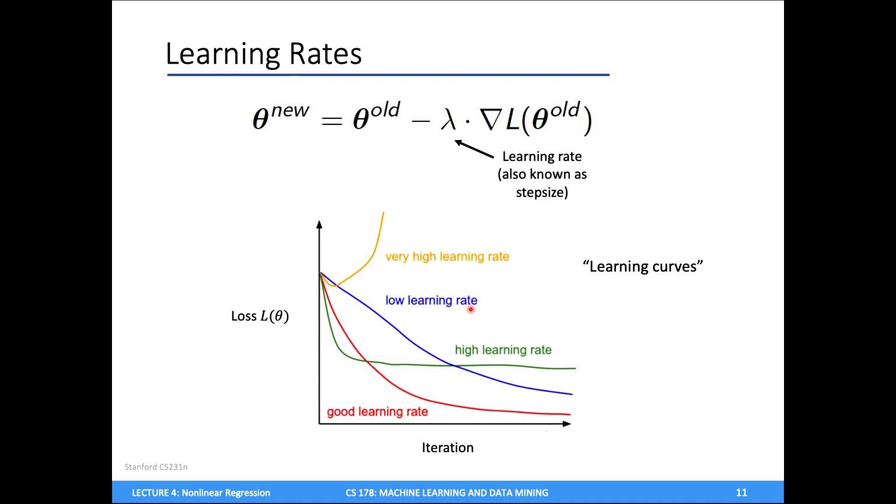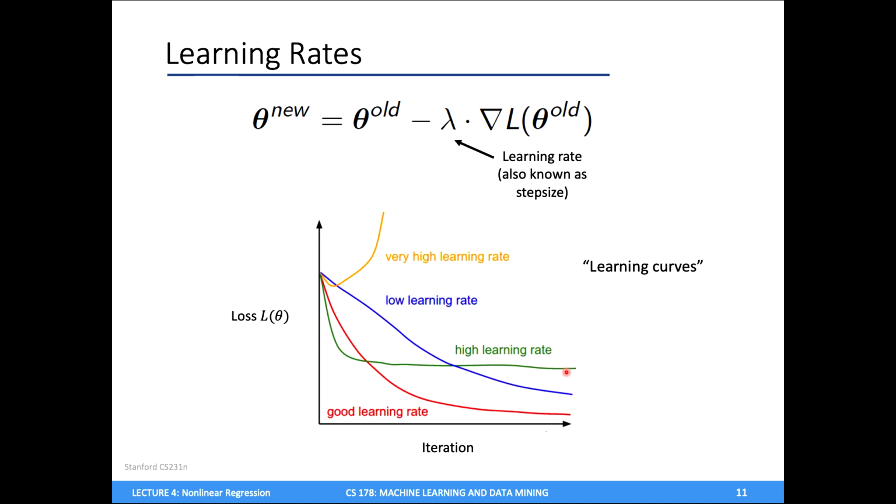If your learning rate is too low, shown in this blue curve, your model is going to take a very long time to converge. And in fact, it might converge to something that just isn't a very good fit. If our learning rate is too high, but not extremely high, you might see something like this green curve, where the loss decreases but flattens out at a suboptimal value. This is because we're bouncing around the minimizer.